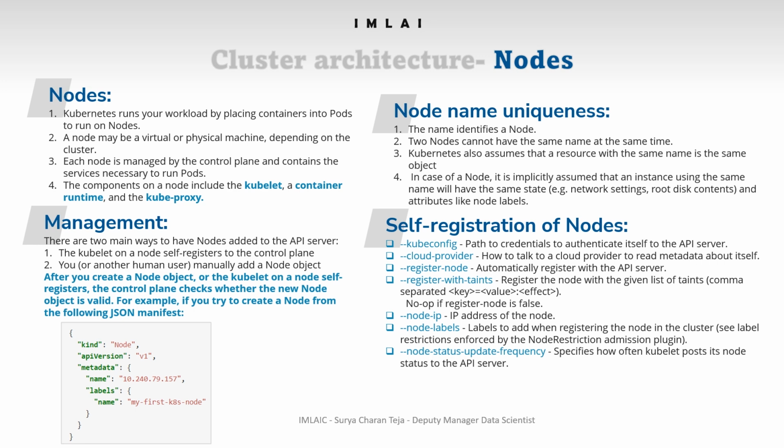So these are the widely used flags when you register your nodes to the API server or to the master node. Unless you register your EC2 instance or virtual machine to the API server in the master node, it will never consider it as a working node. I hope it's pretty much clear.